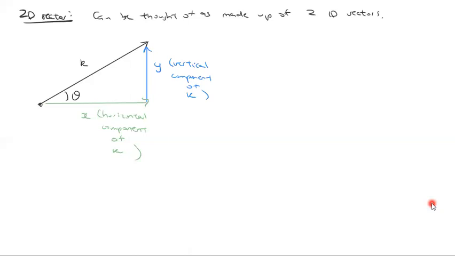So we now have a 2D vector, and that means we want to work out its horizontal and vertical components. Simply use trigonometry to do so.